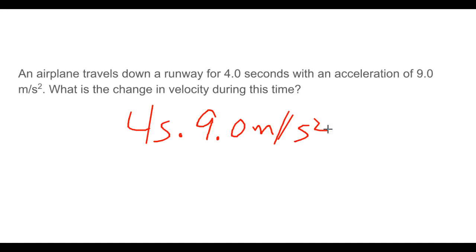So if I have seconds on the top and seconds squared on the bottom, seconds cancels and one of those s's goes away. So now my change in velocity is going to equal 36 meters per second.